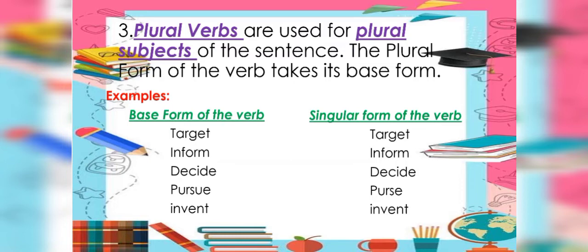In this rule, the plural verb is used for a plural subject. Always remember, class, that if the subject is in a plural form, your verb must also be a plural verb.